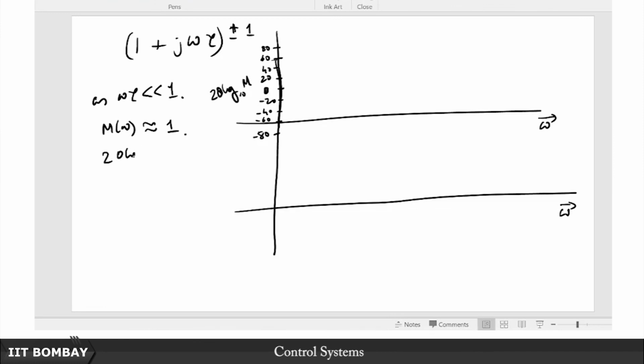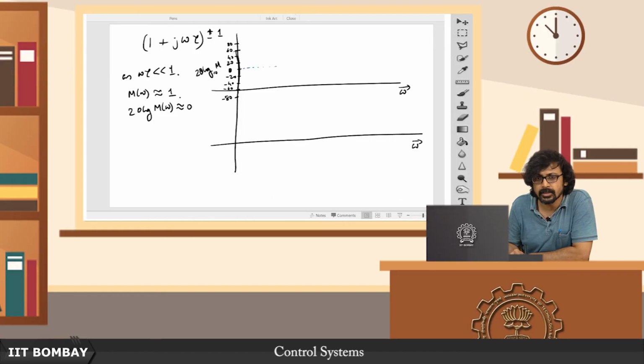Therefore, 20 log m omega is almost 0, and based on this we shall draw our so-called low frequency asymptote, which is just a flat line at 0 dB.